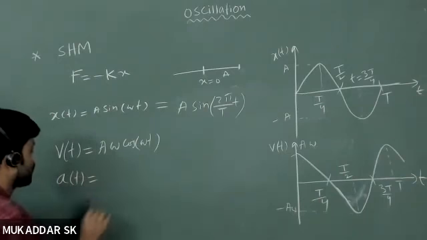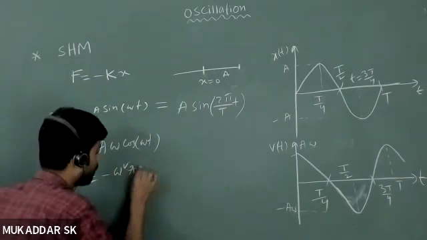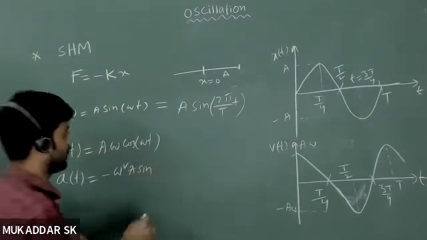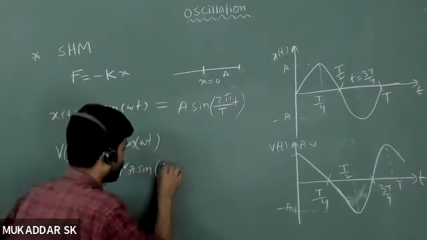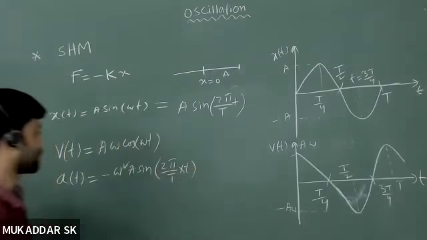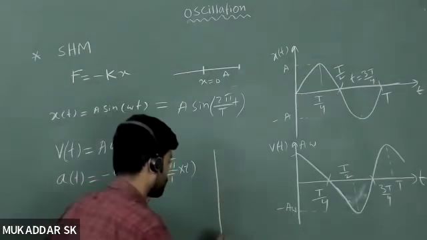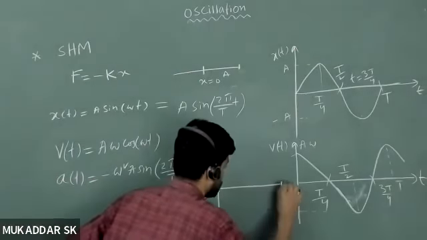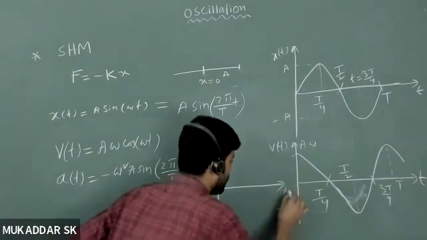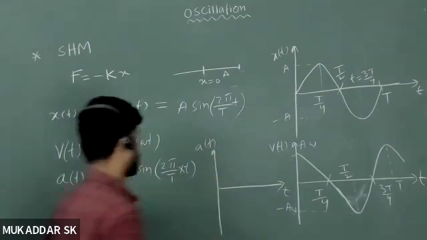So it was nothing but minus omega square a sine of omega t, and omega t is nothing but 2 pi by T times t. Okay, so if you plot this curve, this side you have time, this side you have acceleration as a function of time.